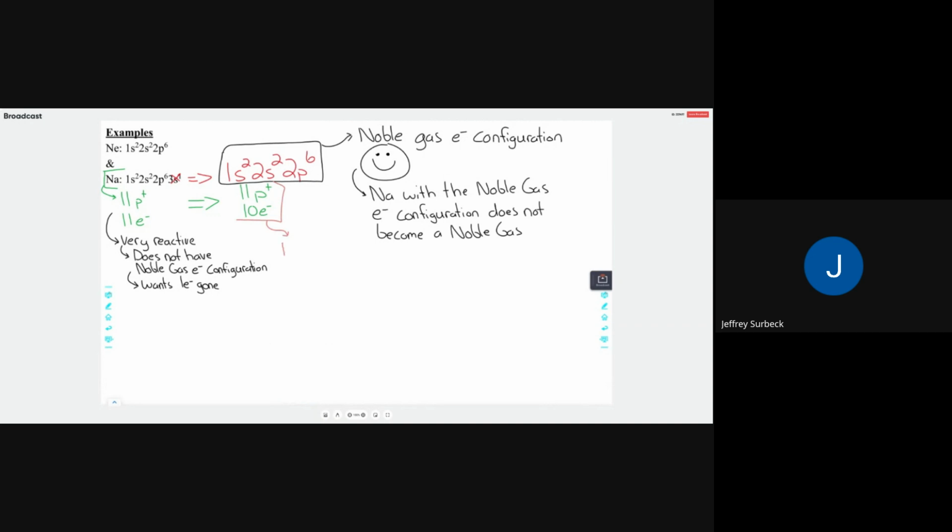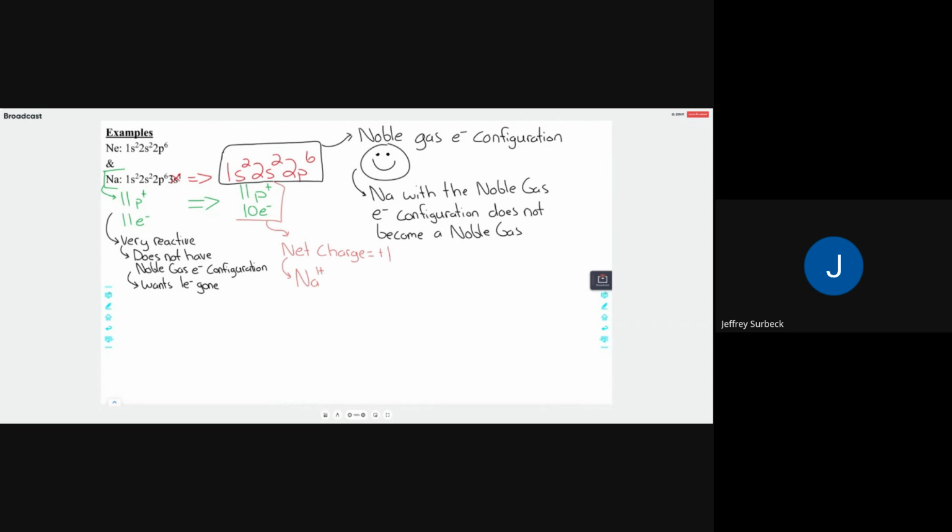So this is going to have a net charge of +1. As a result, we no longer have a sodium atom, but we have a sodium ion. And that sodium ion has a net charge of +1. We simply write that as 1+ in our superscript.